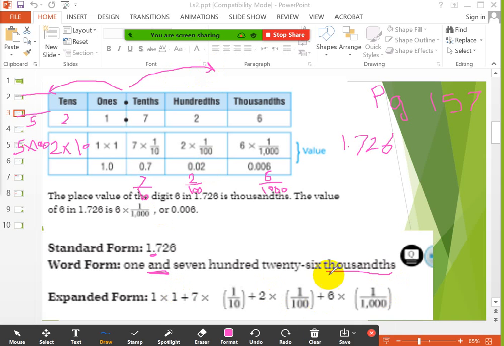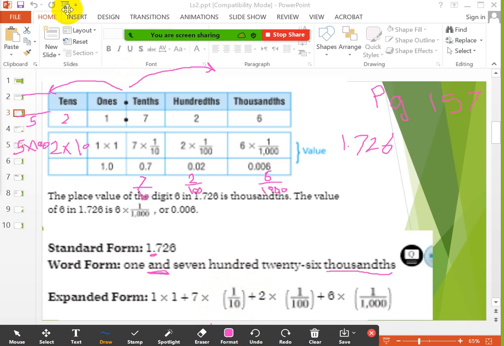Now what about the 6? 6 in the thousandths digit means the value of the number is 6 multiply 1 over 1000. So in the decimal part, the value will be converted to a fraction, not a number.